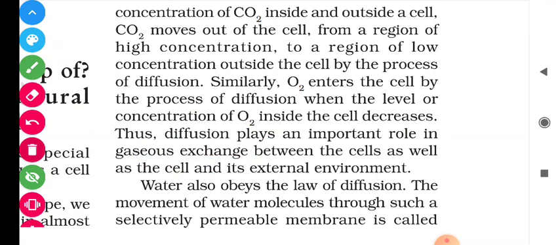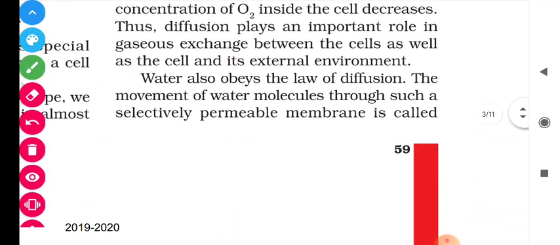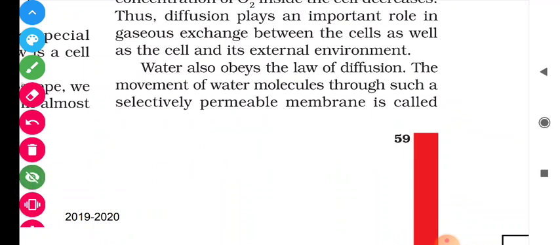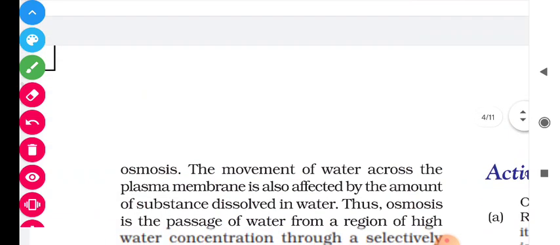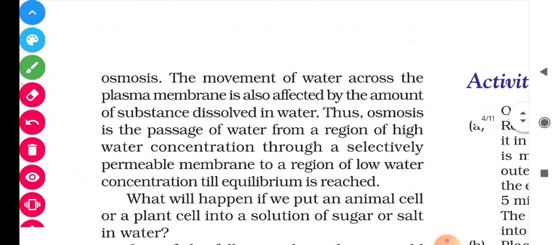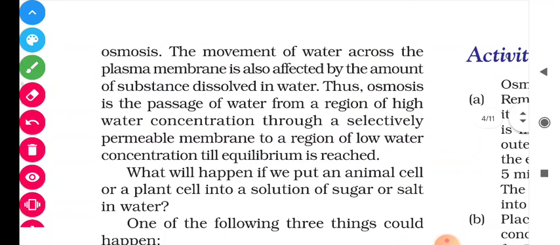Now let us move to the liquid substances. Water also obeys the law of diffusion. The movement of water molecules through a selectively permeable membrane is called osmosis. That means the exchange of gases from the external environment to the cell is called diffusion, and the exchange of water from the external environment to the cell is called osmosis.